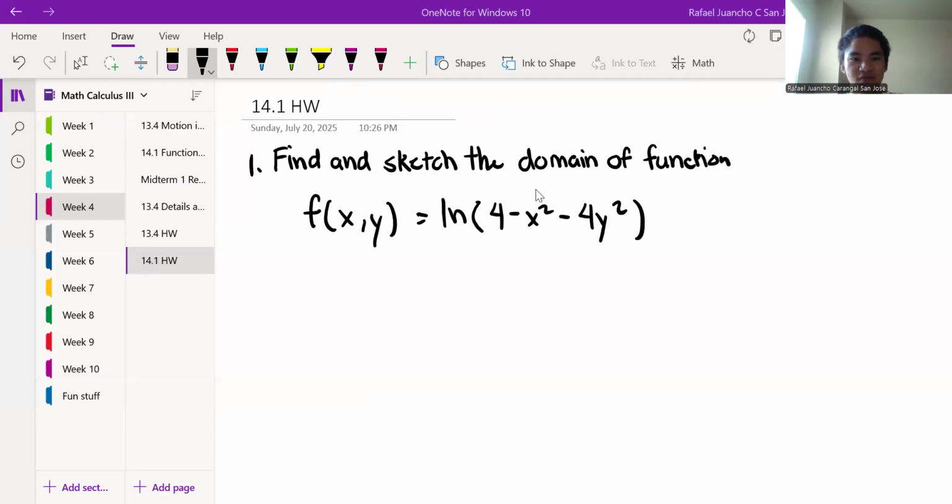Well, let's find the domain first, right? The domain is determined by what's inside our natural log.